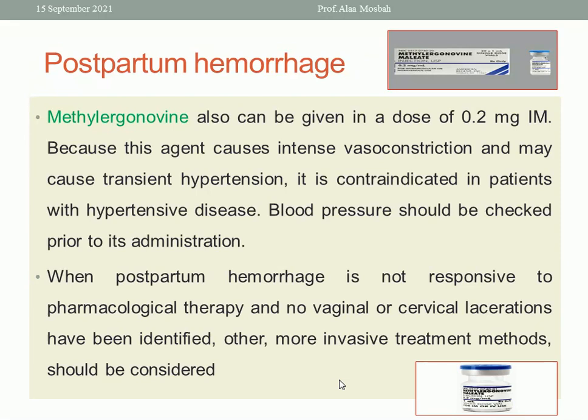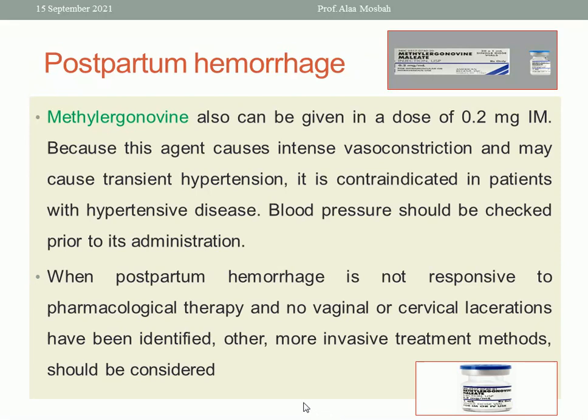It causes vasoconstriction and may cause hypertension. So be careful about hypertensive patients, because this drug is contraindicated in hypertension, as it will increase the blood pressure due to vasoconstriction.